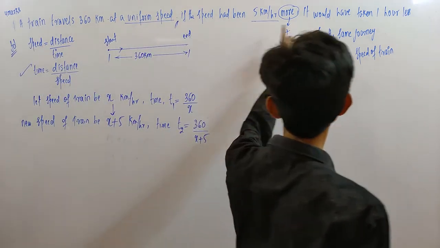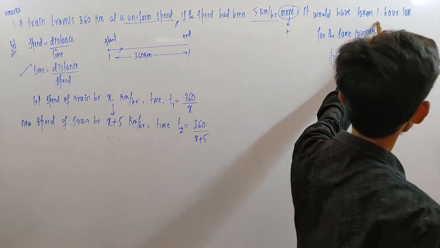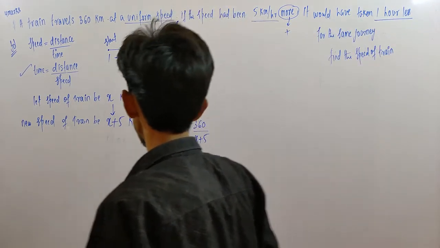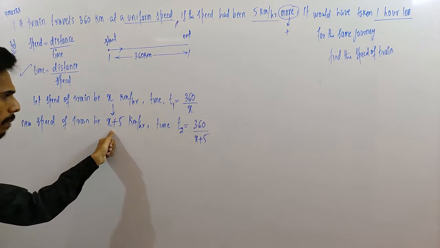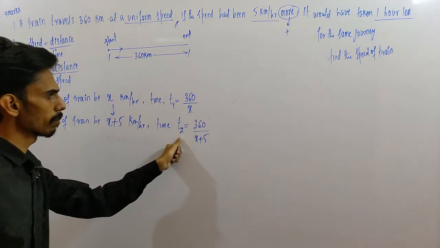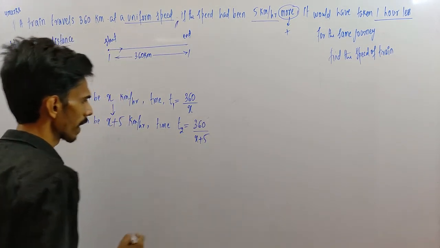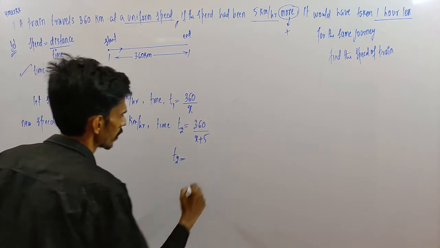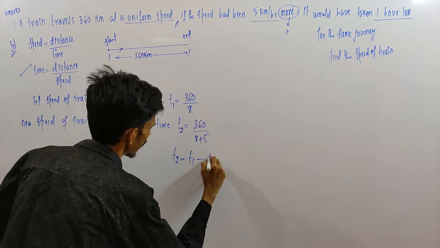Now, if the speed is more, it would have taken 1 hour less. If this is the speed, then time will be less by 1 hour. So we can say that t2 is t1 minus 1.